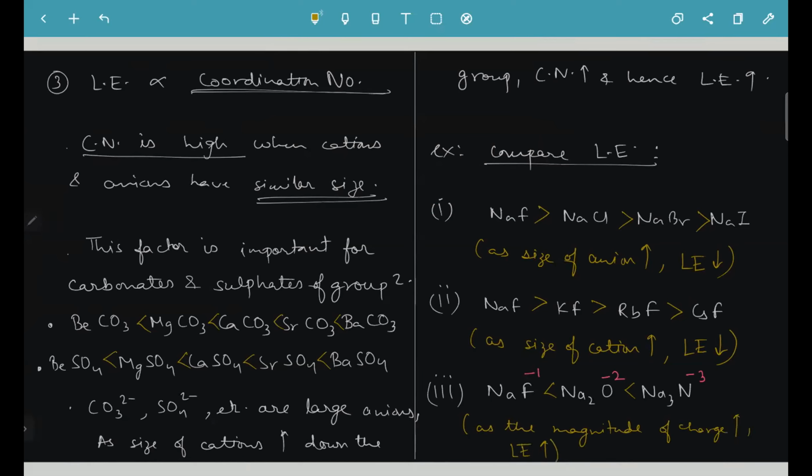As the magnitude of charge increases, lattice energy increases. ठीक है? Clear है ये? समझा?